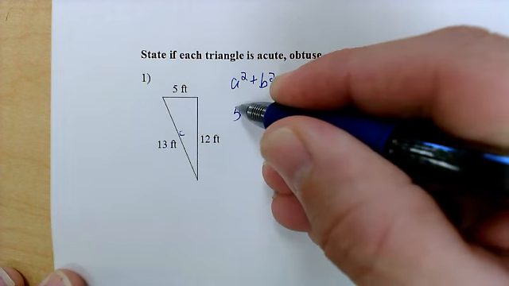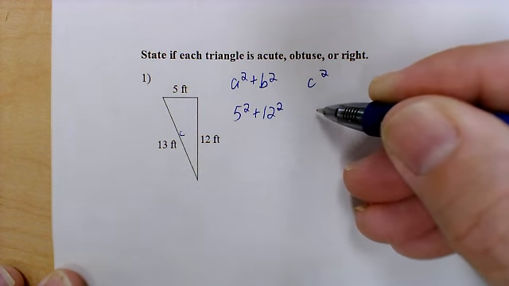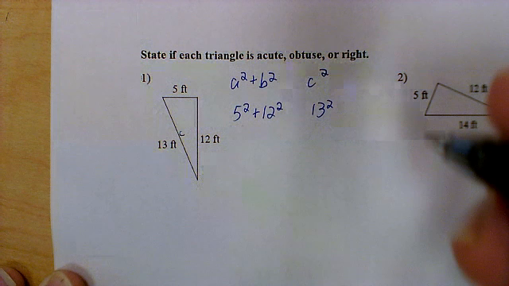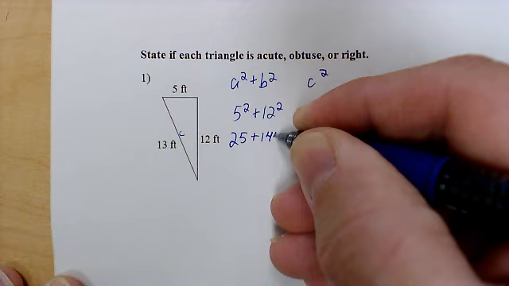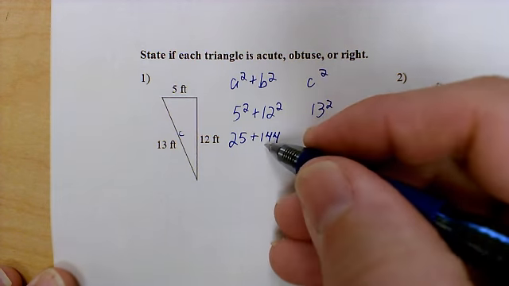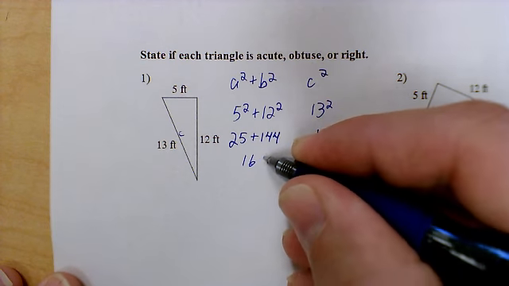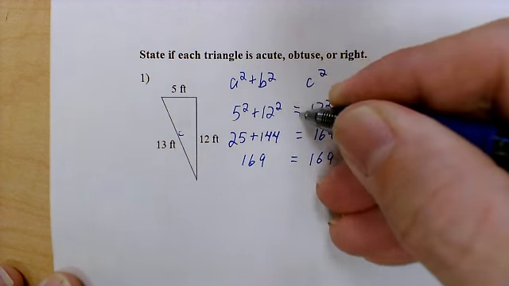So now I'm going to carry this out. 5 and 12 are a and b, and I'm going to compare that to 13 squared, which is my c squared. So 5 squared is 25, 12 squared is 144, 13 squared is 169, and 25 plus 144 is 169. So 169 is equal to 169.